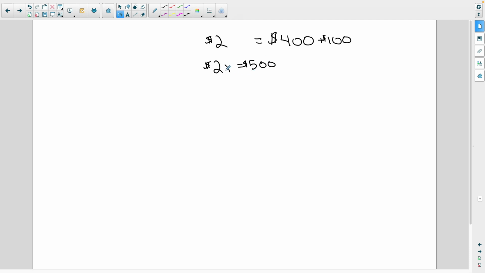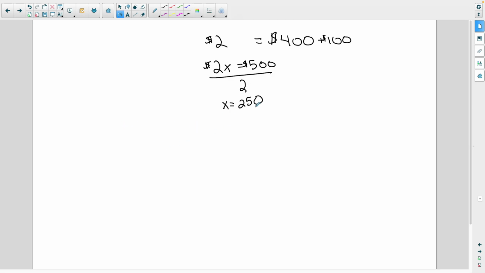This is basically a one-step equation. For right now, how many $2 do we need to get 500? We divide by 2, so we need to sell 250 cups of lemonade. But as I said, I want to set this up to make it a two-step equation.